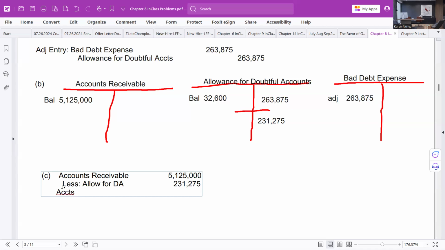That's the accounts receivable net balance. So the net balance of the accounts receivable is 4,893,725.